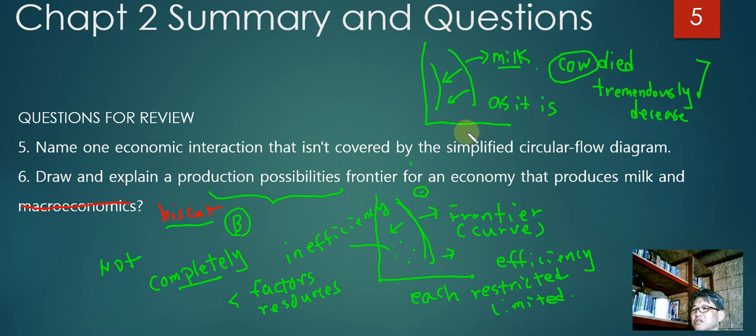Production possibility frontier, this curve we call a frontier. This frontier will move inside or stay fixed depending on how the ingredients of a certain product depend on certain resources. In the case of milk, it depends 100% on cows, right?